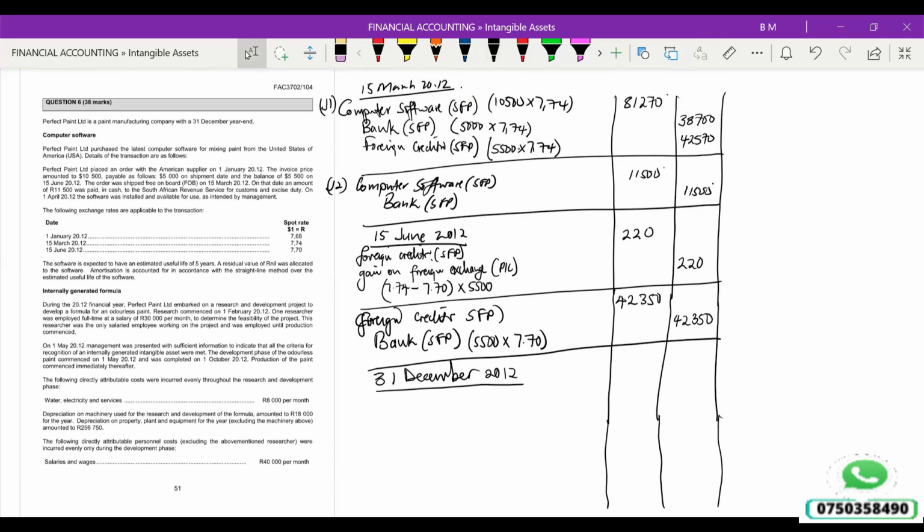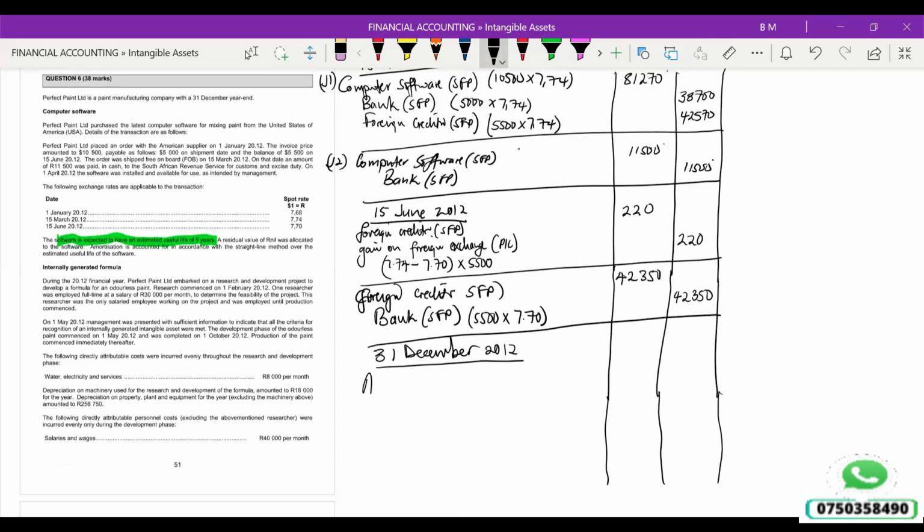So we come back here. They said the software is expected to have an estimated useful life of 5 years. So I'm going to say amortization, P&L, and I'm going to say accumulated amortization, SFP.